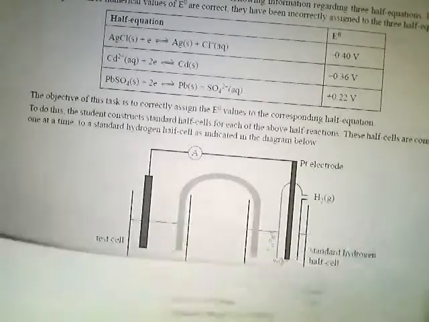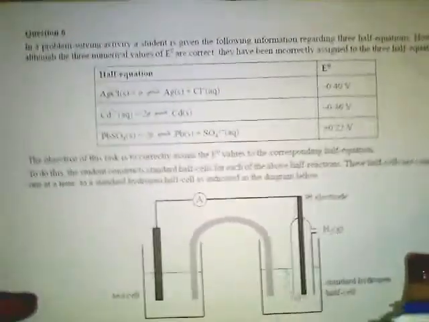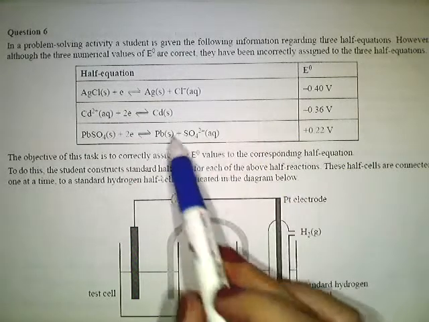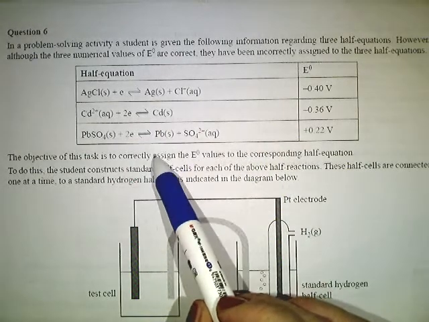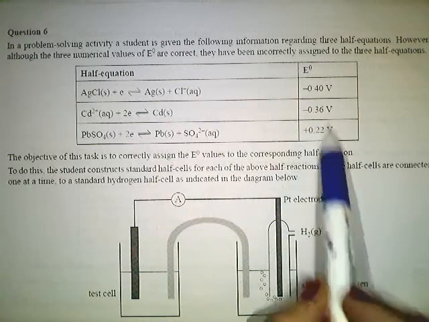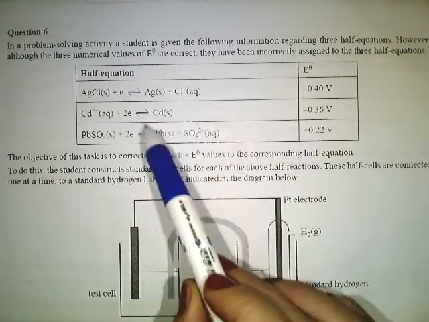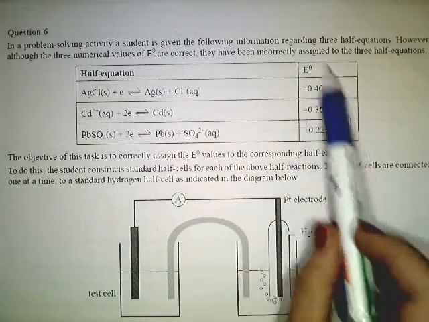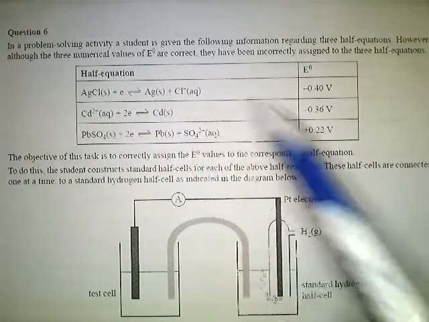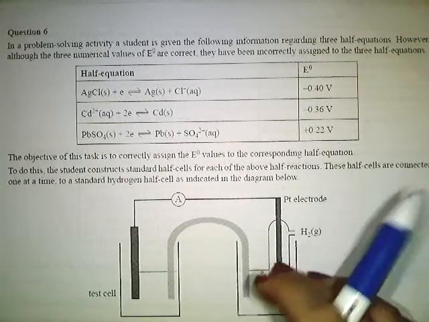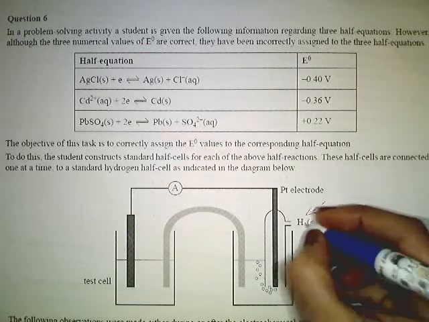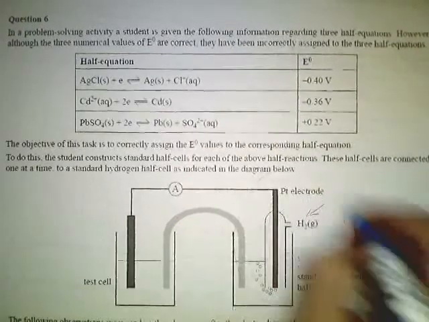Okay, so let's start putting this into practice. So you can follow on with these questions. Now, if we read this question, in a problem-solving activity, they've got these particular reactions, but the E0 values are all messed around. Now, if you have a look, the objective is to correctly identify the E0 with these three. Okay, so what they've done is they've connected it all to a hydrogen standard half cell.